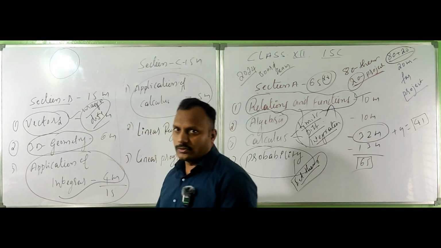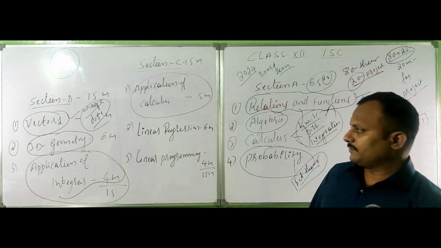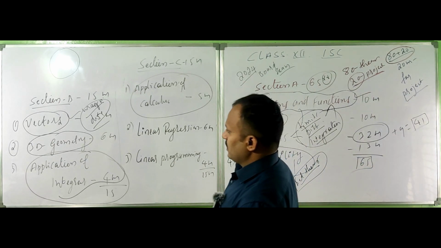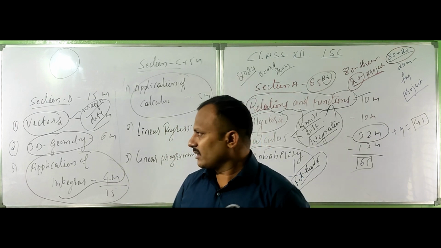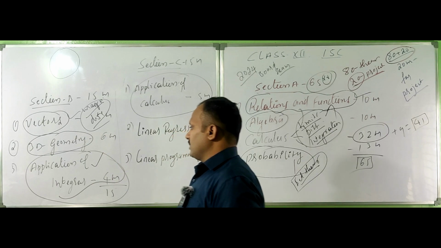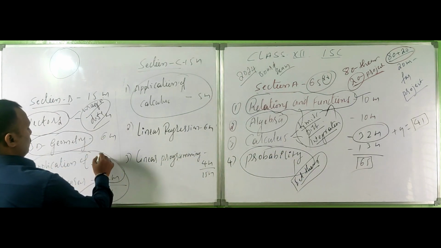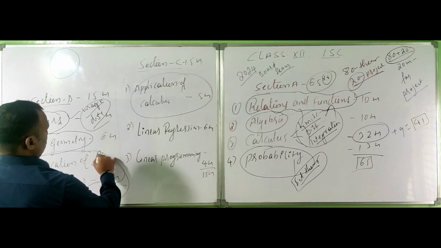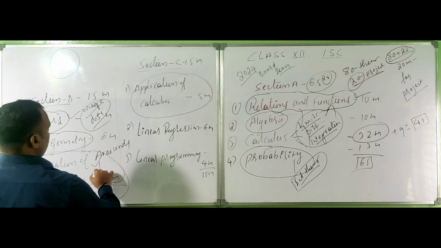Then 3D geometry you already know. Here you study some fundamentals: parabola, ellipse and hyperbola, some circles, straight lines, and application of integrals. The main important topic is area under the curve.